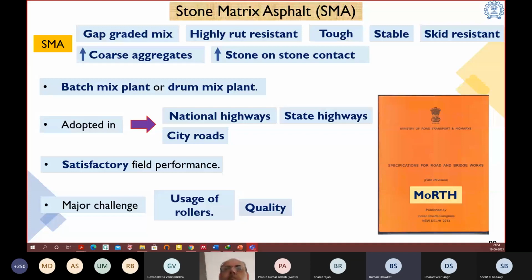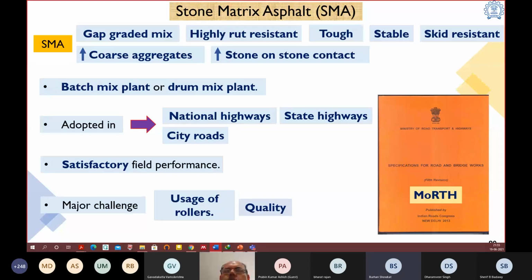As far as the manufacturing of stone matrix asphalt is concerned, it can be manufactured either in the batch mix plant or in the drum mix plant. In the Indian scenario, it has been majorly adopted on the national highways, the state highways, and the city roads. And as far as information from the site is concerned, satisfactory field performance has been observed in the Indian scenario.